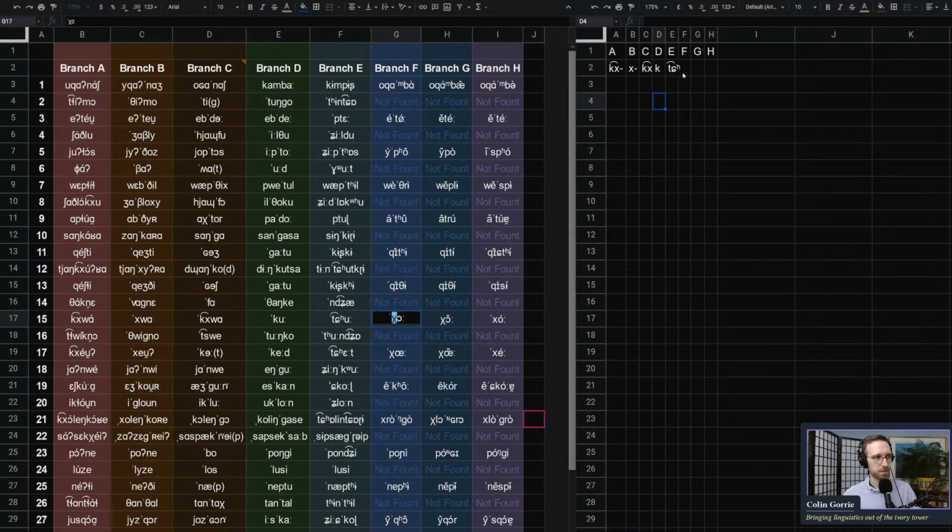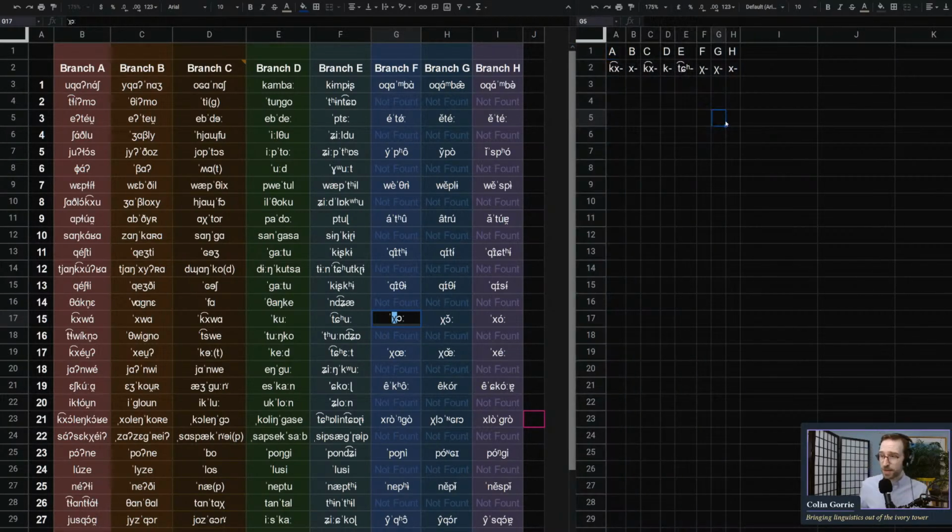So this is essentially practical historical linguistics. So we have all of these initial sounds here in the various branches. Let's see if we can find any other examples of these. This set of correspondences.